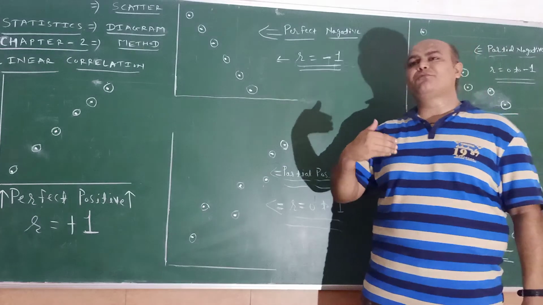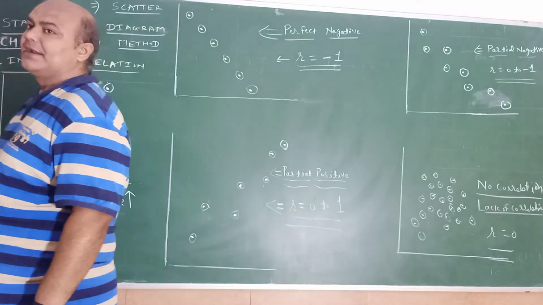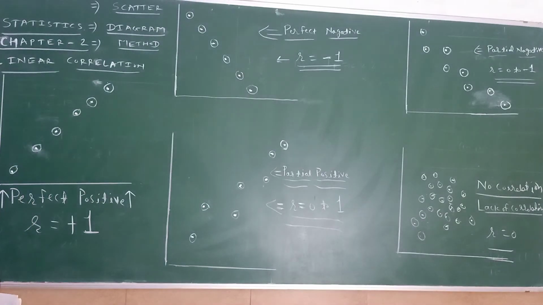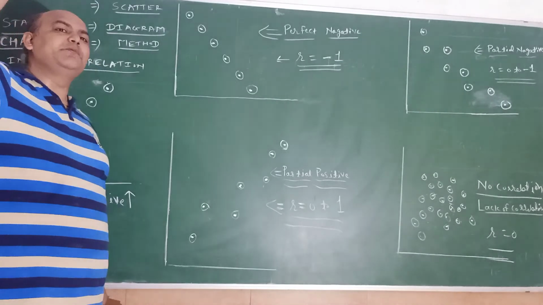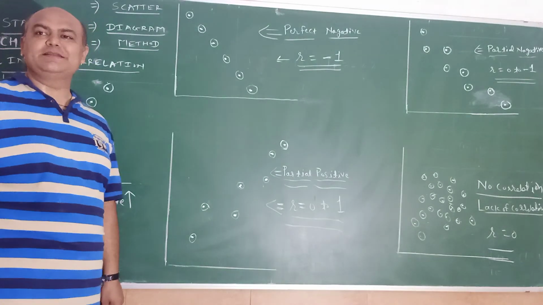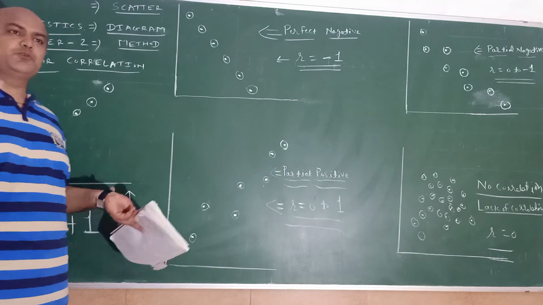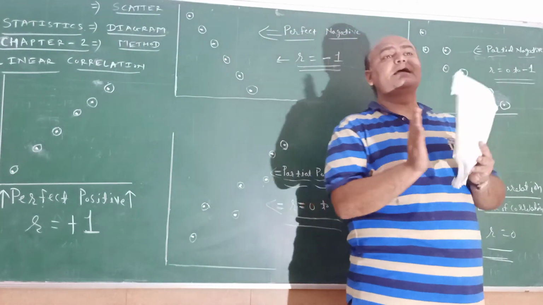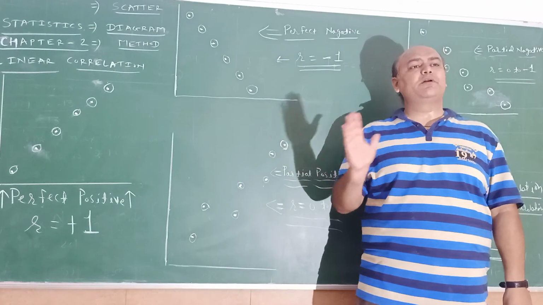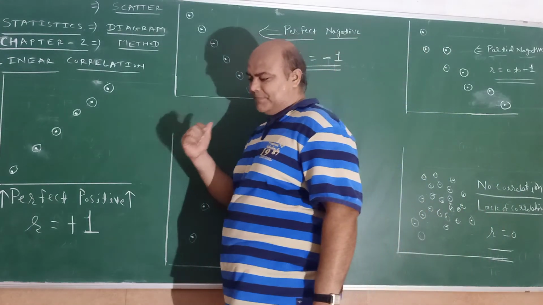That's why the method of Karl Pearson and the method of rank correlation by Spearman are also there. Because the scatter diagram method only explains the direction between two variables, positive direction, negative direction, perfect positive, perfect negative, or no correlation. But how much correlation is there between these two variables cannot be explained by the scatter diagram method.